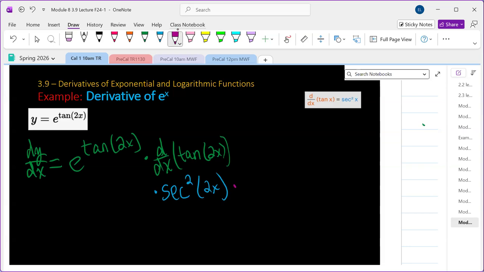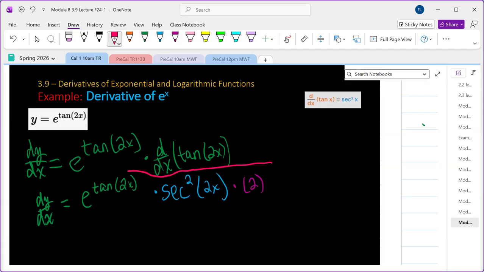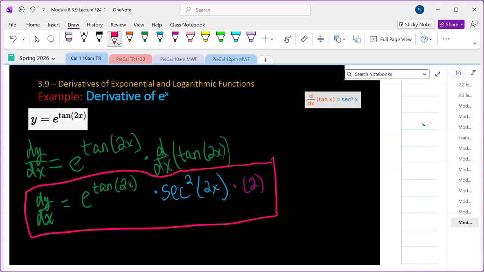The derivative of 2x is just 2. So there is our full derivative. I mean, we could clean it up a little by writing the 2 all the way in front, but meh. It's easier for me to grade if it's strung out like this.